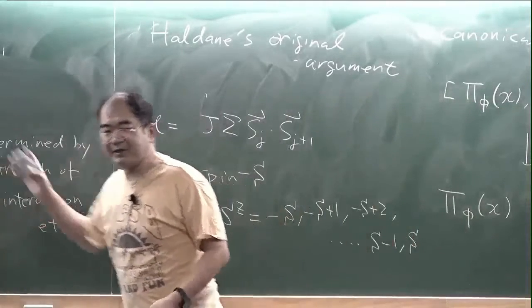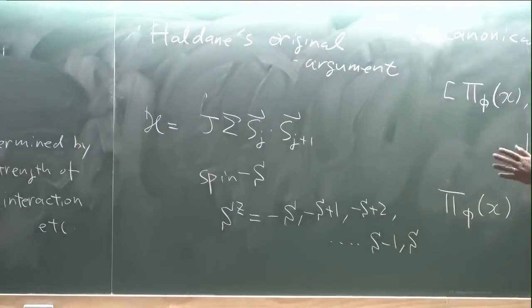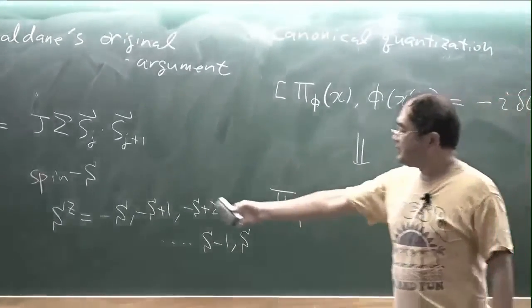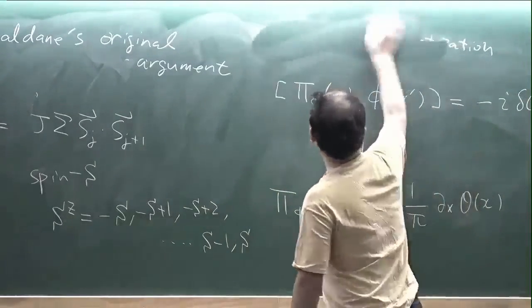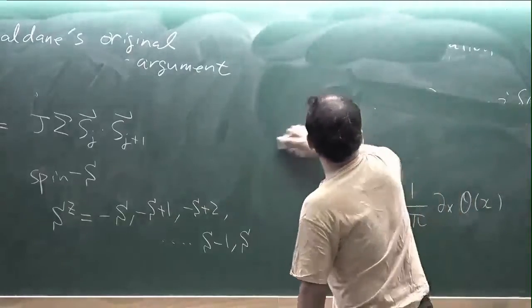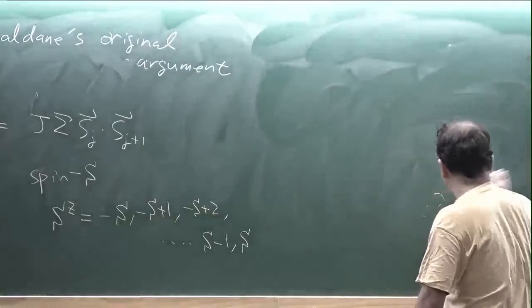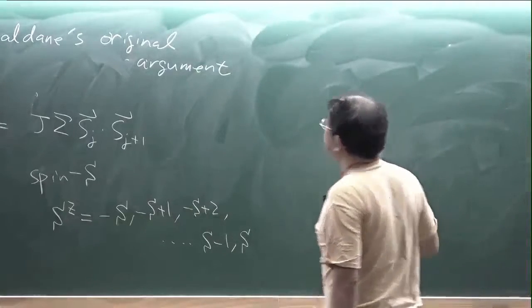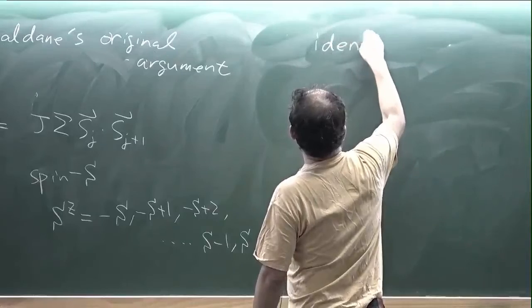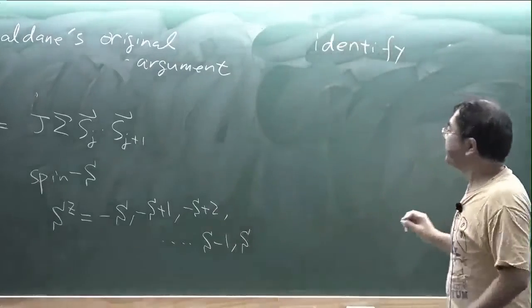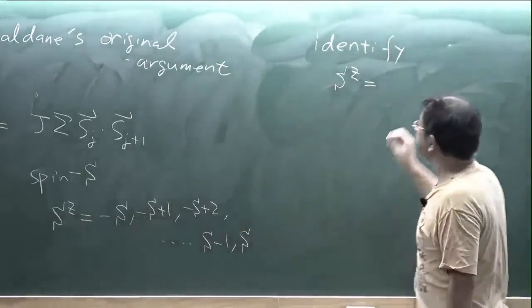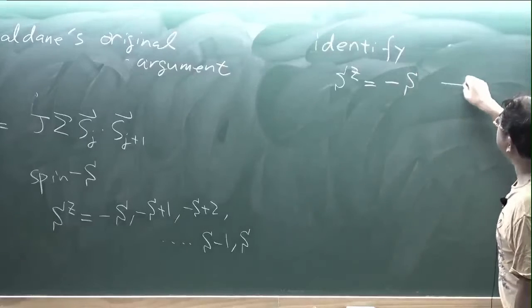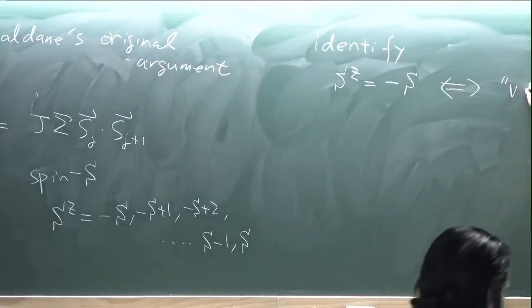Then, I have been discussing many particles moving around in one dimension, which looks different from the Heisenberg chain. But you can always map this kind of spin system to quantum many particles on a lattice by identifying. There are various different ways, but one easy way is this lowest magnetization state with SZ equals minus S. You can identify it with vacuum.